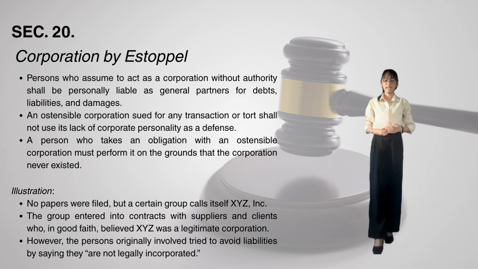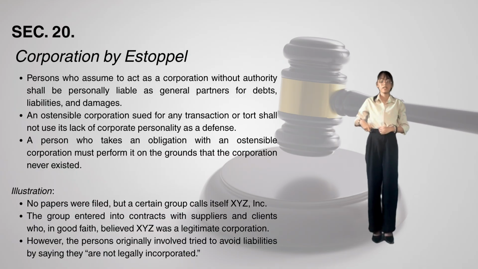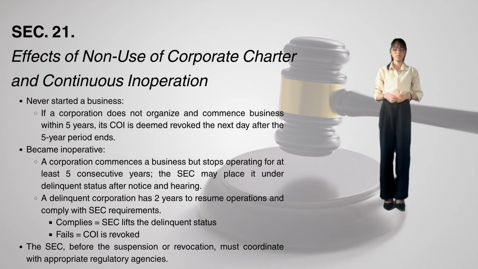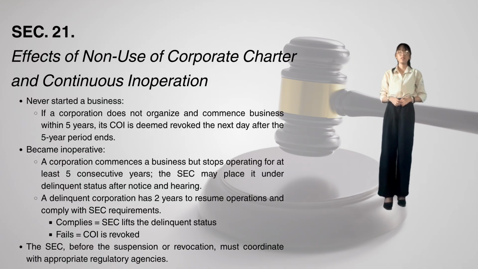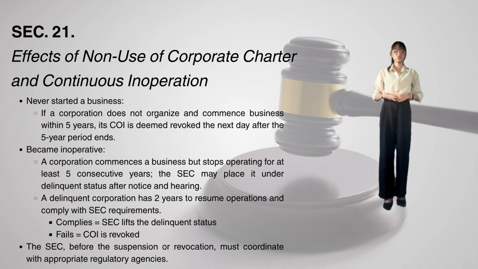Last section for Title 2, Section 21, Effects of Non-Use of Corporate Charter and Continuous Inoperation. A corporation that does not formally organize and commence operations within 5 years of incorporation will have its certificate of incorporation automatically revoked the day after the 5-year period. Another is when a corporation has begun operating but ceases to do so for at least 5 consecutive years, the Commission may declare it delinquent after providing notice and holding a hearing.